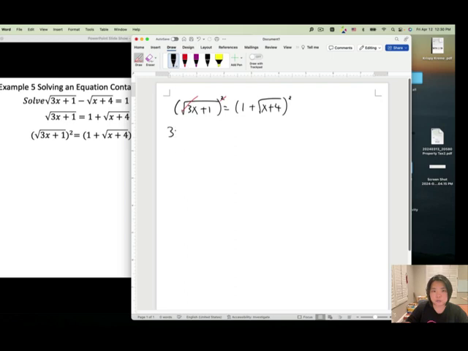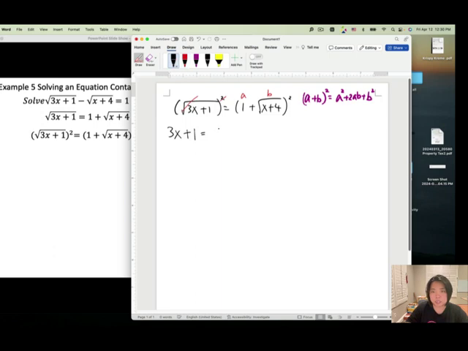So you're left with 3x plus 1 on the left hand side. This guy, I want you to apply the formula. Remember, you have the formula a plus b squared equal to a squared plus 2ab plus b squared. Apply this formula. So this is going to be your a, this is going to be your b.